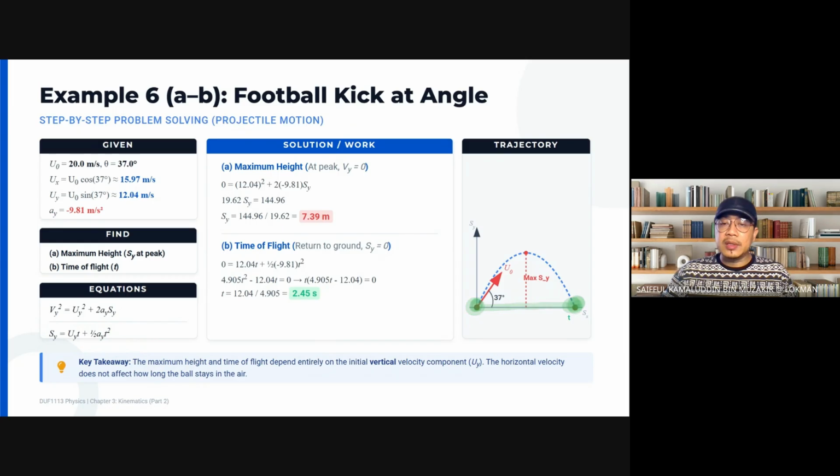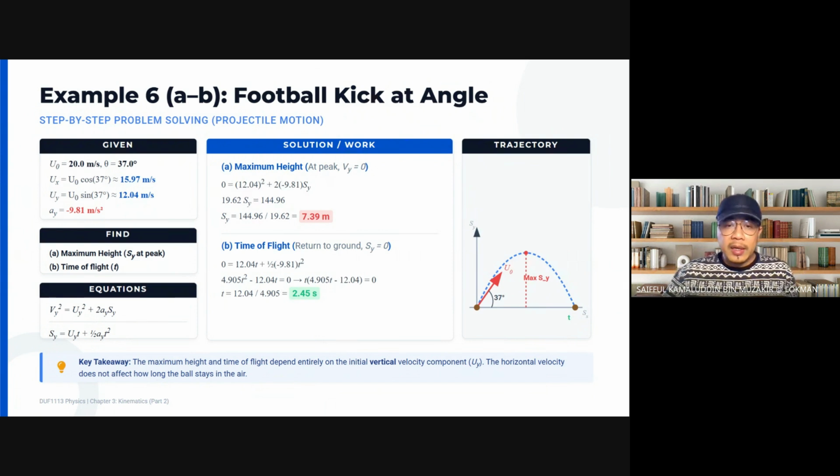Why? Because the ball moves upward and then the ball moves downward. So from the y-axis point of view, it ends at the same y position, y equals 0, as where it started. So our SY, from here to there, equals 0. Using S equals UT plus half AT squared, SY equals 0 because the ball moves upward and downward again, back to the location of y equals 0.